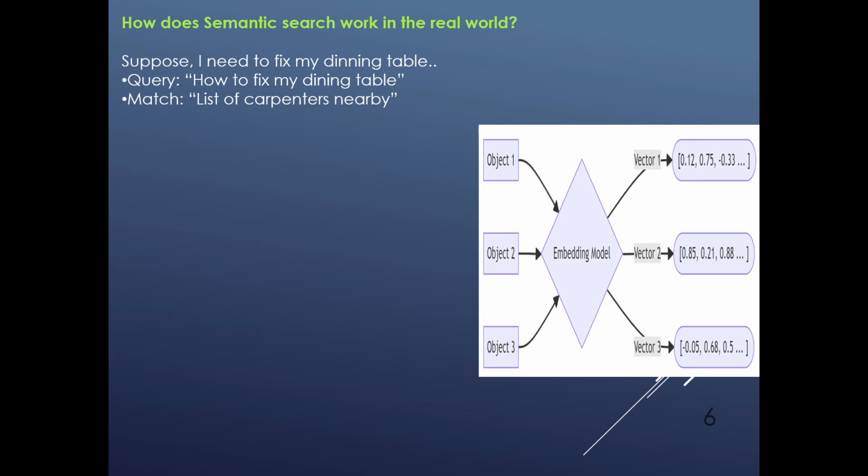As I said, there are two types of embeddings. One is user defined, and the other is where we use the embeddings from AI itself. So what is user-defined embeddings?